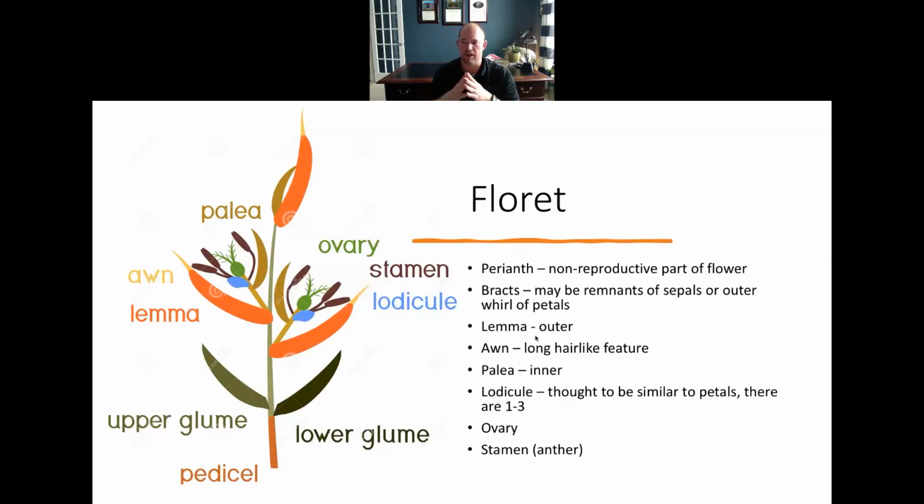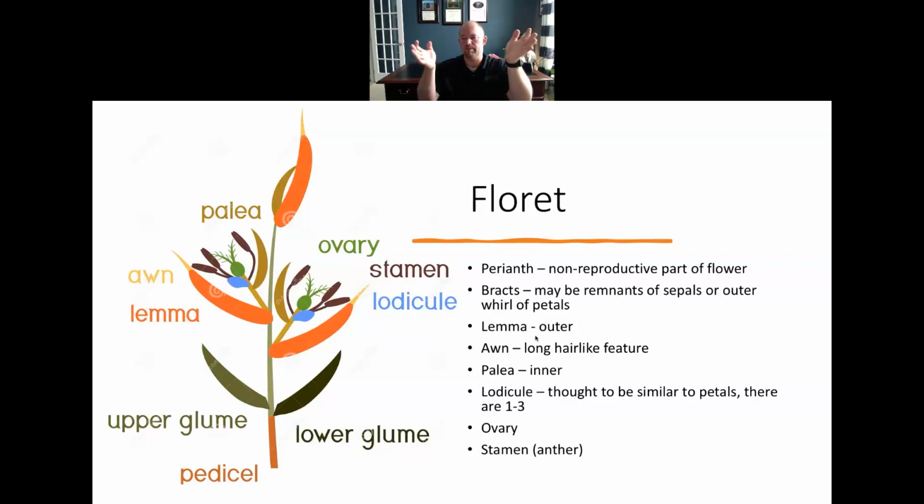If you figure like a multi-petaled flower like a peony or a rose, think about those, instead of it being a simple flower like a compound flower where you have all of these multiple petals inside of the flower structure itself. And so the palea would be like those innermost, lemma would be the outermost.